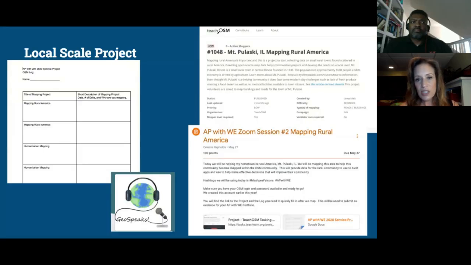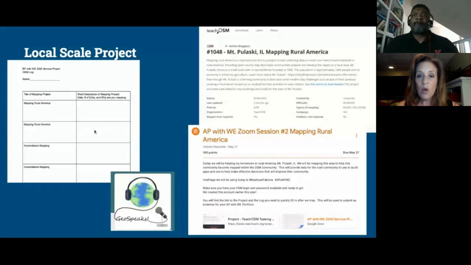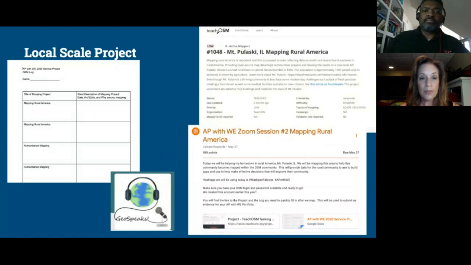That was the students looking at what they wanted to do in their community, and teachers can create their own projects, and it shows how the students can become civically engaged in their own community.